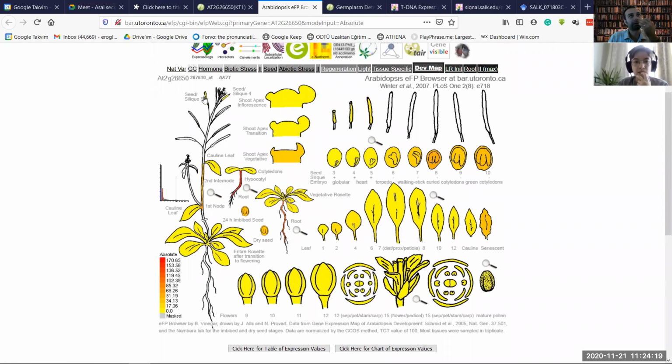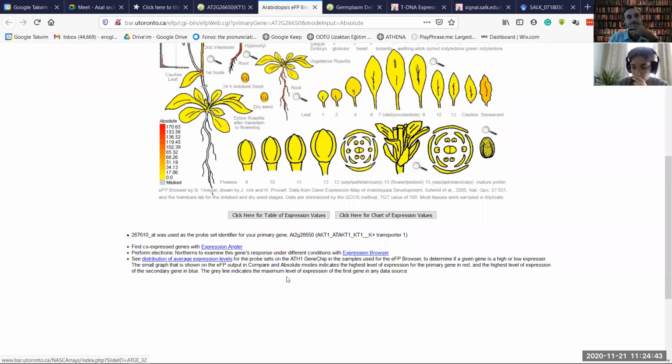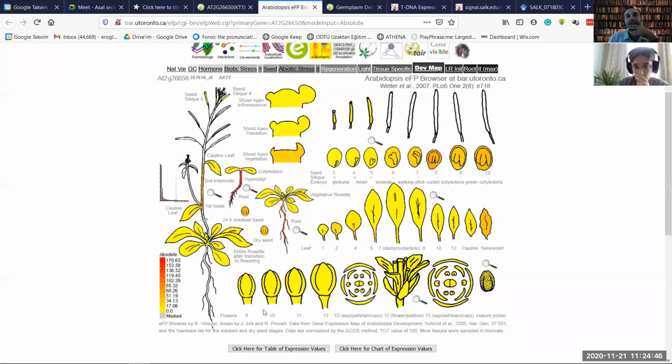In the mature plant, we don't see this expression a lot for this gene. It's usually expressed very much directly after germination. In the vegetative and early stages, we see some in the root also. Yellow means it's almost not expressed. And here we have seeds, flowers, unopened flowers, leaves at different stages and so on.